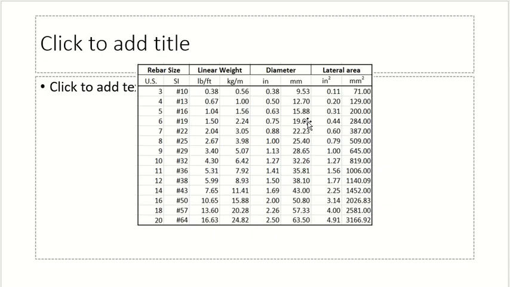Okay. So this remains the same. If the dia is 12, then radius is 6. Multiply by the length in meters. Clear? Any questions?